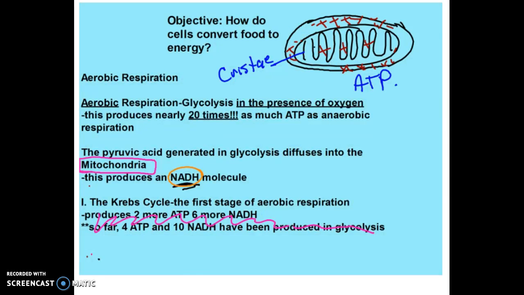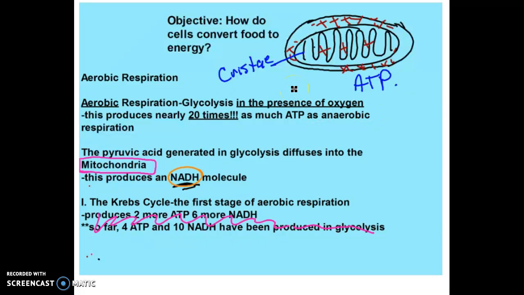So the goal in our body is obviously aerobic respiration. We want that oxygen. We want to produce all of this ATP. Aerobic respiration produces nearly 20 times as much ATP as anaerobic respiration. So this is what we want.